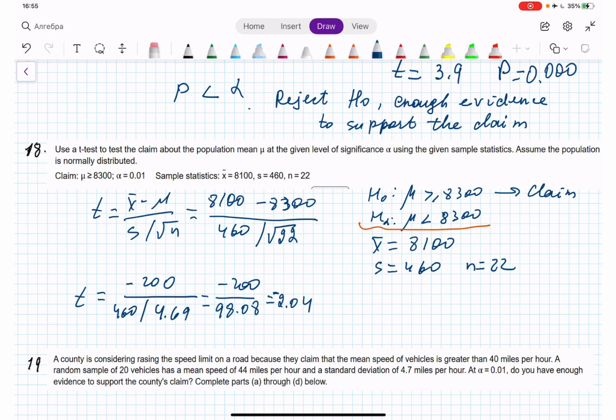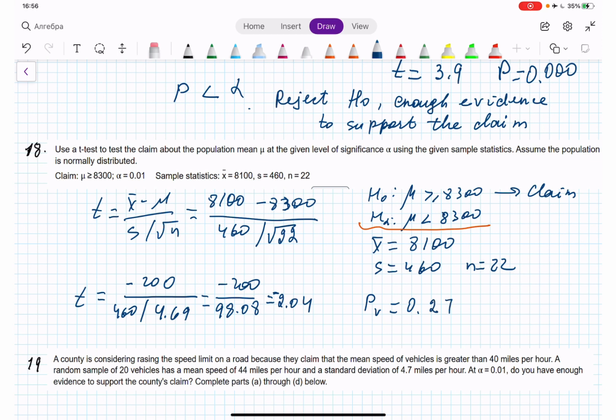Okay, we need to find the p-value. I am going to use the p-value calculator online. For the t-score, I'm plugging in negative 2.04. What else? Degrees of freedom is how much? n is 22, so it's going to be 21. Then the significance level is 0.01, and we have one tail. Click calculate, and we are getting the p-value. I'm getting 0.27.